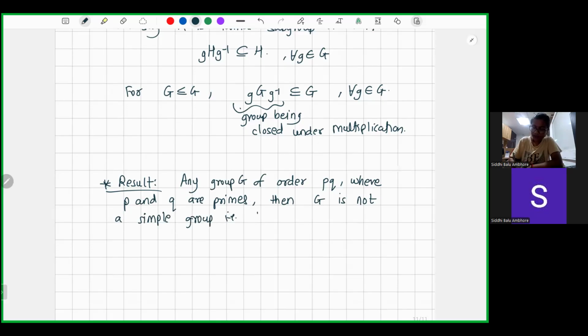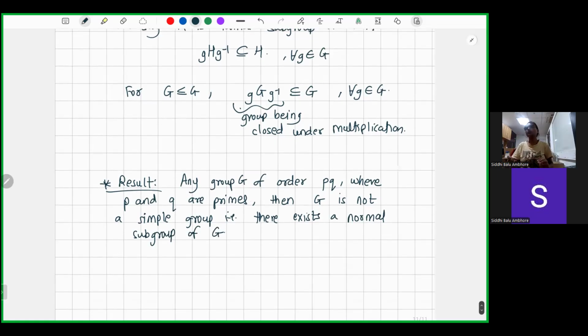That is, there exists a proper normal subgroup of G. Okay, so this is the statement which we will use.